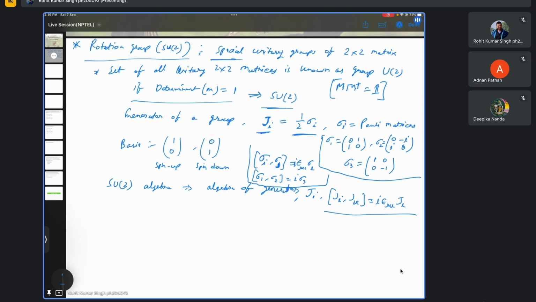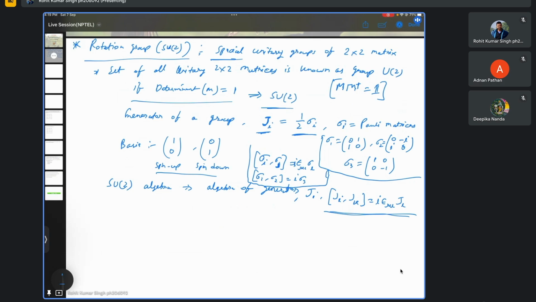Because of this property of sigma matrices, this algebra, you can calculate various things. You can operate it on this basis, and you can get the creation and annihilation operators.